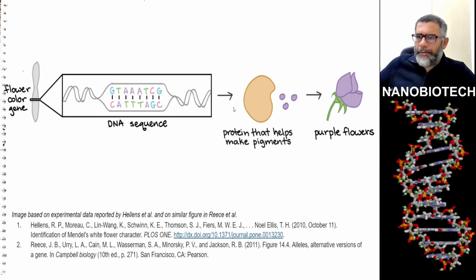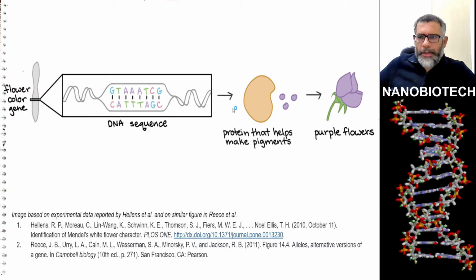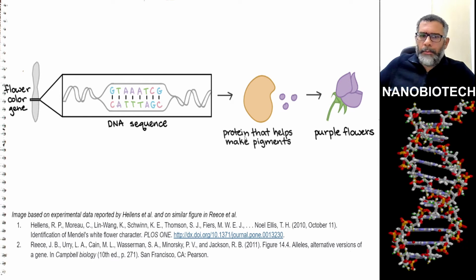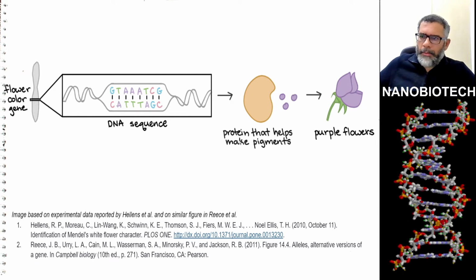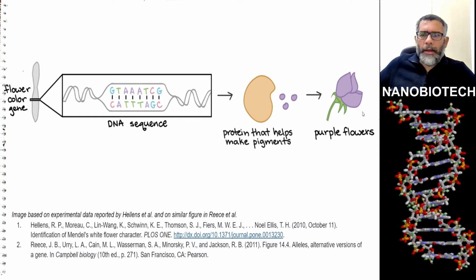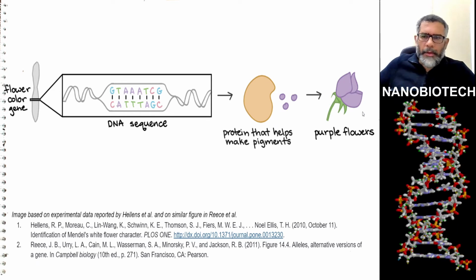As a result of reading, there are also machines that produce whatever product needs to be produced. In this example, it's the pigments, and these pigments are produced and give the color of the flower.